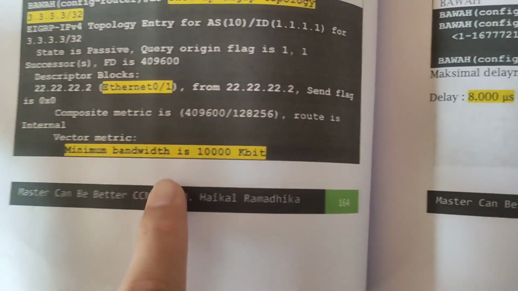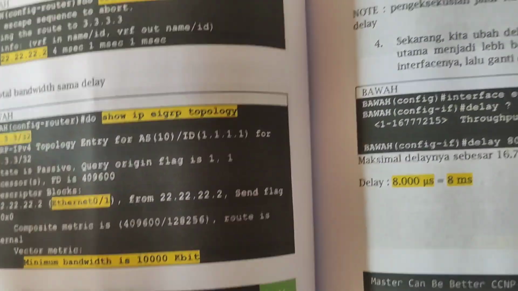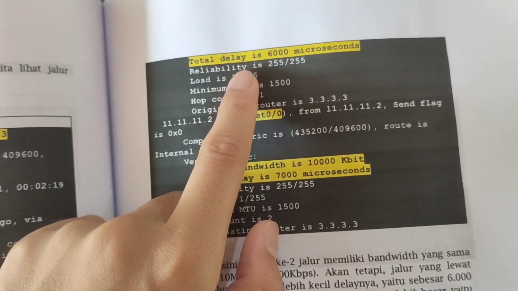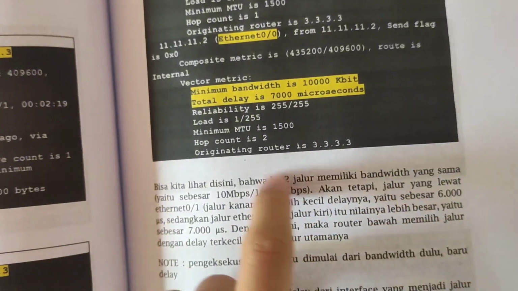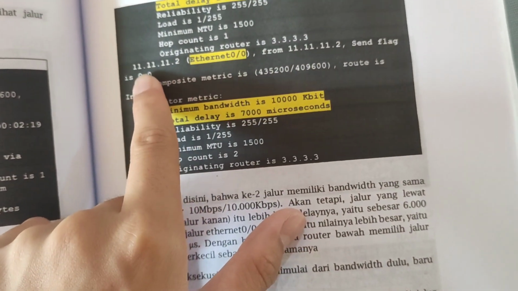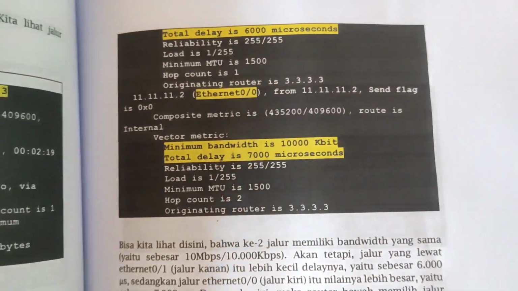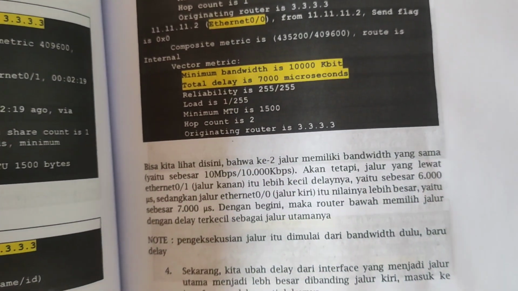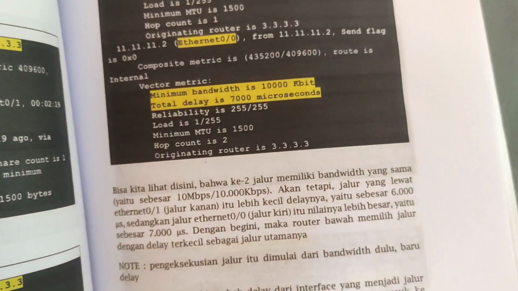The minimum bandwidth is 10,000 kbit, and then the total delay is 6,000 microseconds. And then for Ethernet 0/0 from 11.2, the vector metric is minimum bandwidth 10,000 kbit, and total delay is 7,000 microseconds.